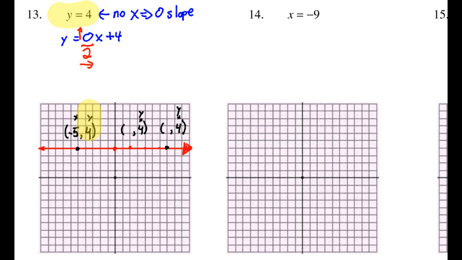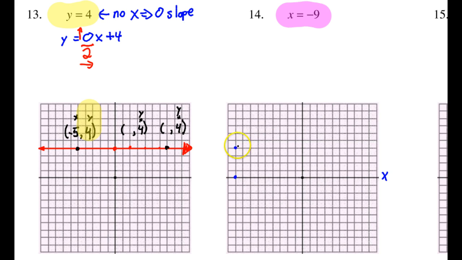So the same is true over here. X equals negative 9. This is going to be the line that has all the x coordinates at negative 9. Remember, the x-axis is here. Negatives are to the left of the middle. So 1, 2, 3, 4, 5, 6, 7, 8, 9. There's x equals negative 9.